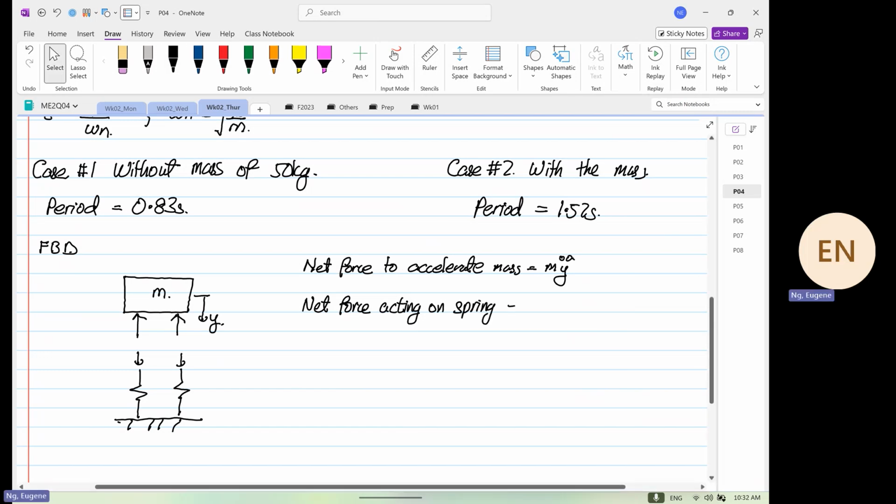This is equal to minus K, so I call this K1, K2, okay, minus K1 y minus K2 y.